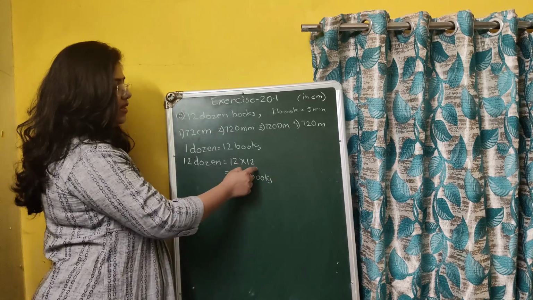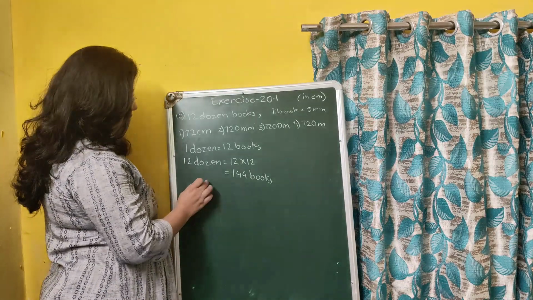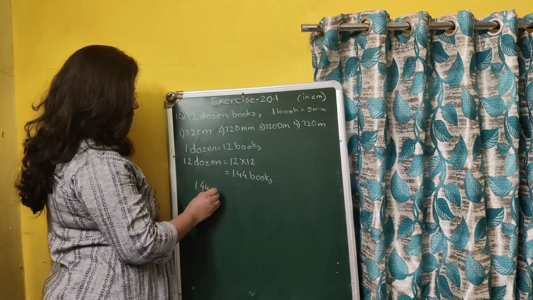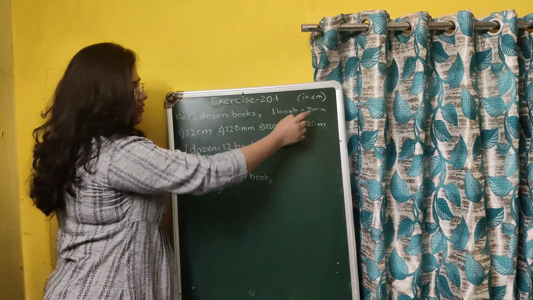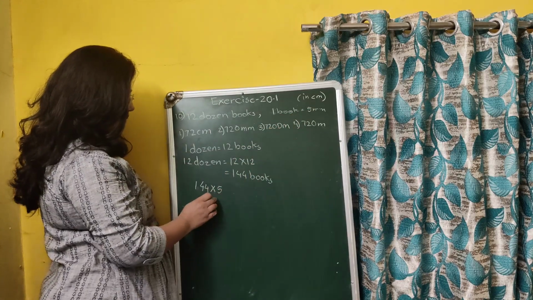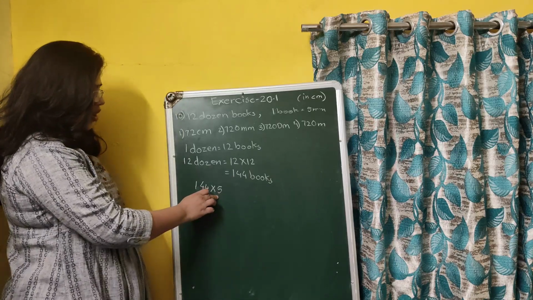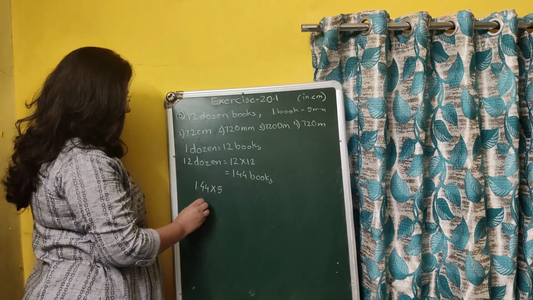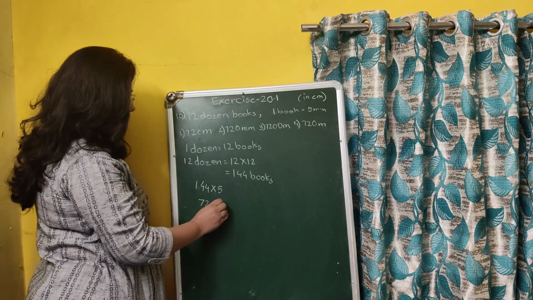Multiplication करके देख लो. 12 into 12 is 144 and 144 multiplied by 5. 5 क्यों? क्योंकि हर एक बुक का थिकनेस कितना है? 5 mm है. That's why. So 144 multiplied by 5. How much is that? It is 720 millimeters.